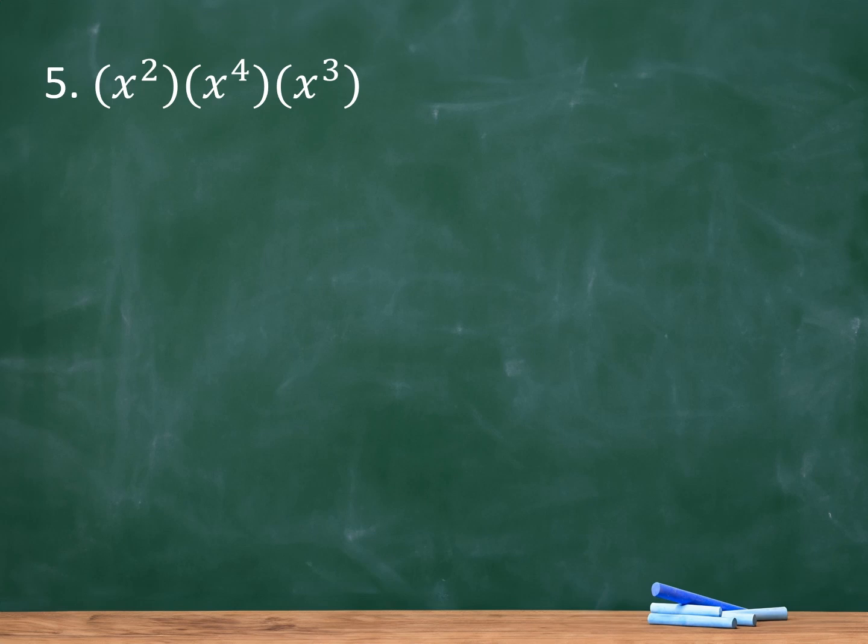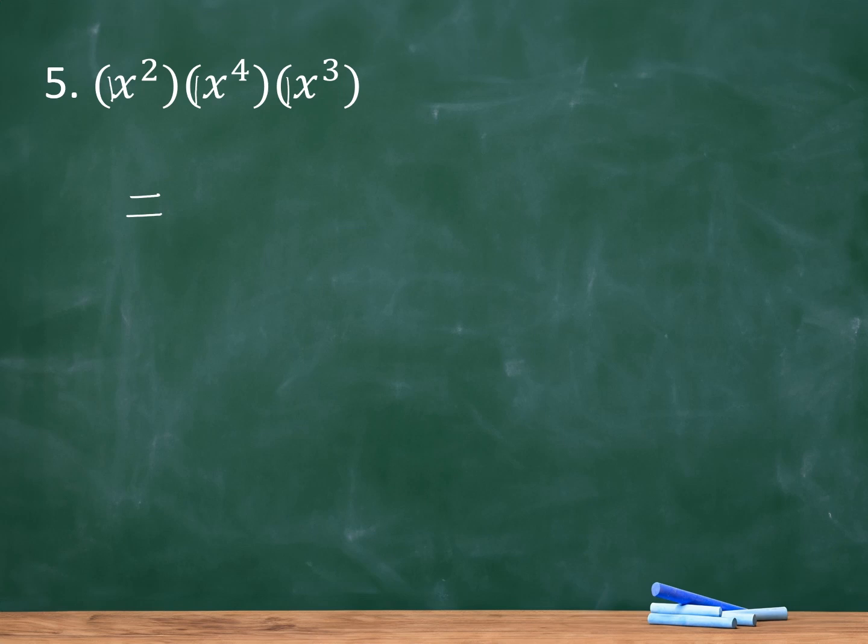Let's have example number 5. We will multiply x squared times x to the power of 4 times x to the power of 3. So notice that this time we are multiplying 3 monomials. So we multiply first our numerical coefficients. Can't see any numerical coefficients here, so it's understood that we have an imaginary number 1 here.